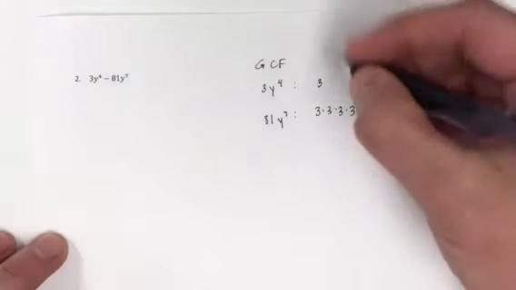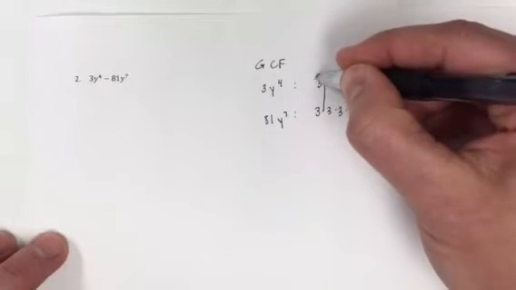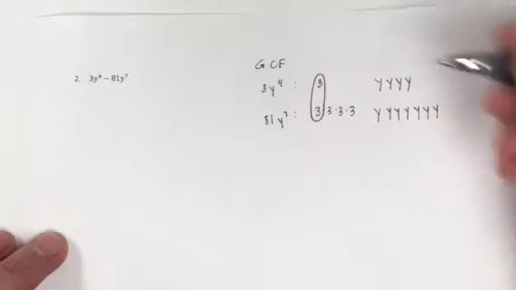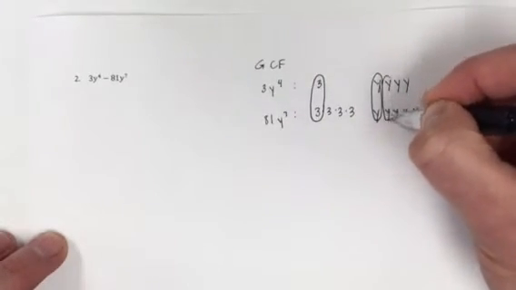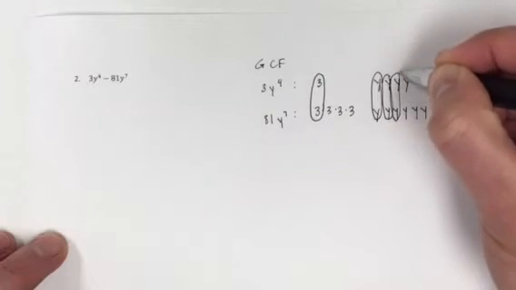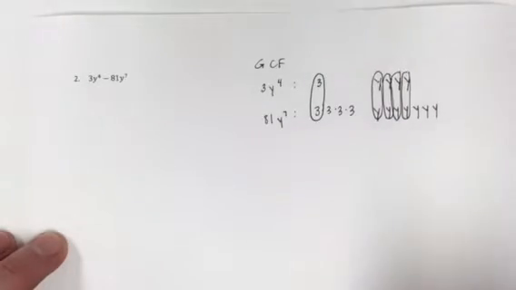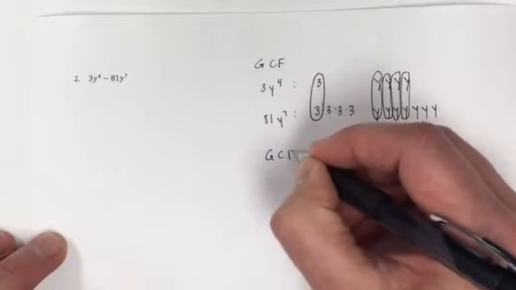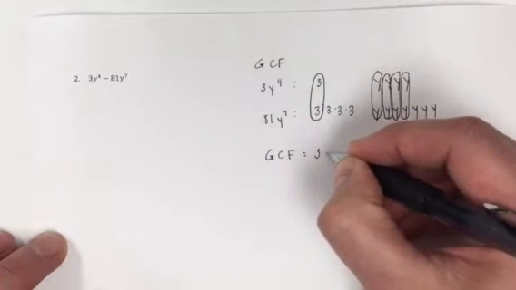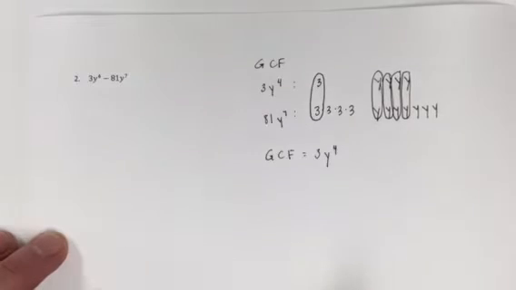If I go back through this, I'll notice that I have one pair of 3's matching up, 1, 2, 3, 4 pairs of y's matched up. Therefore, my GCF is simply going to be 3y to the 4th.